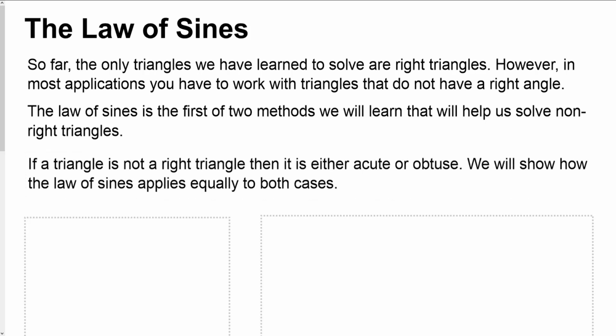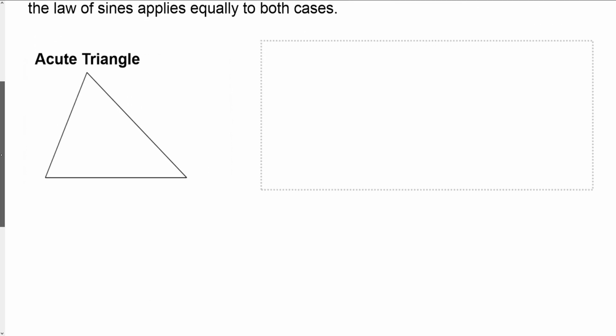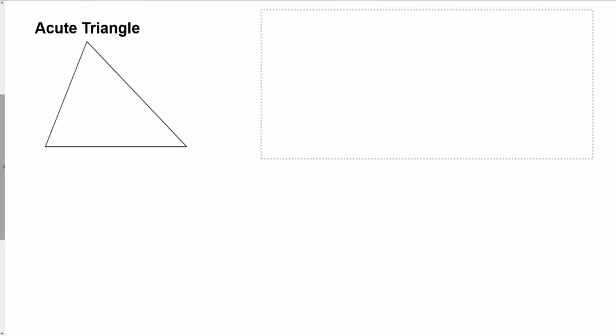If a triangle is not a right triangle, then it's either acute or obtuse. We'll show how the law of sines applies equally to both cases. So for instance, if I draw an acute triangle, the only methods that we've learned that would allow us to solve triangles is having a right triangle.